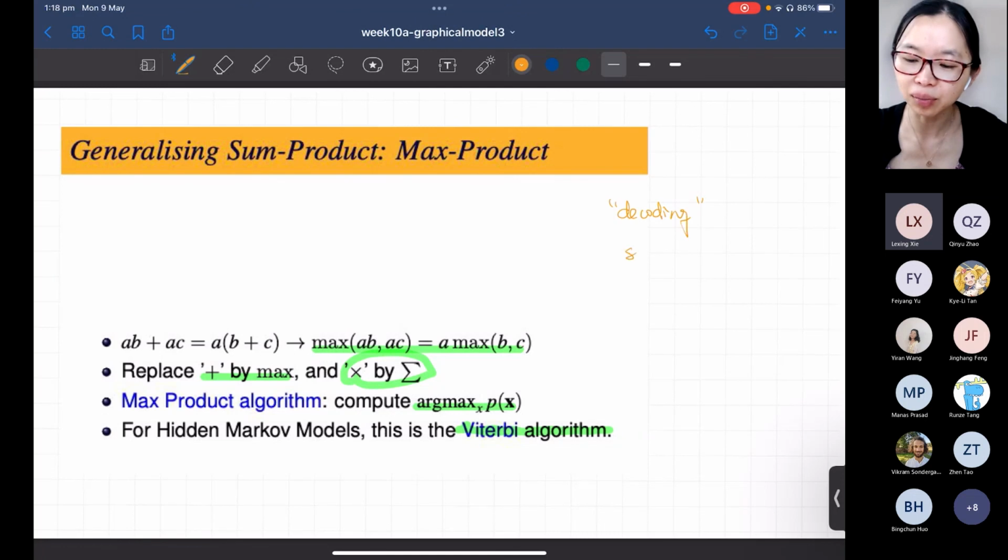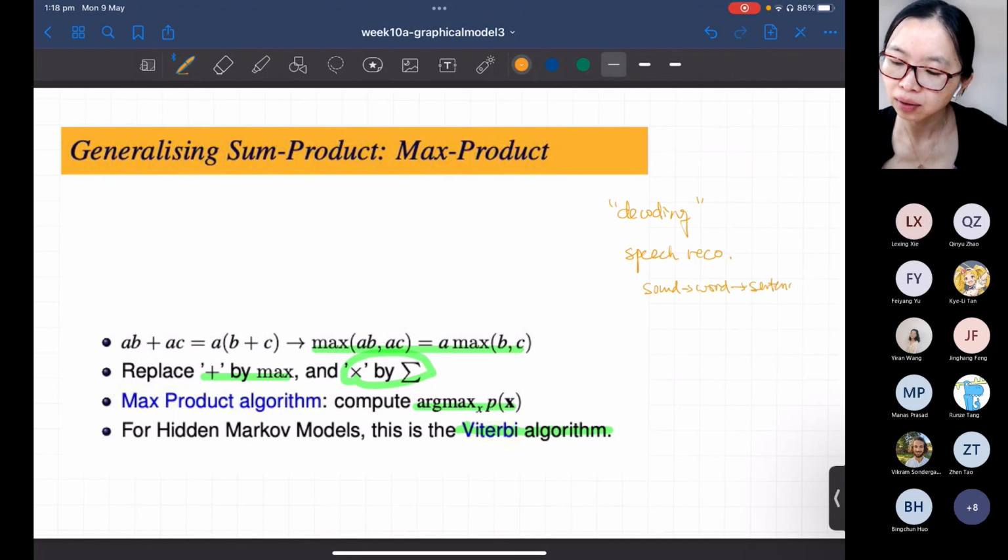For example, speech recognition, as we have covered, sometimes there are multiple layers of these, such as from sound to words to sentences, and then language modeling.